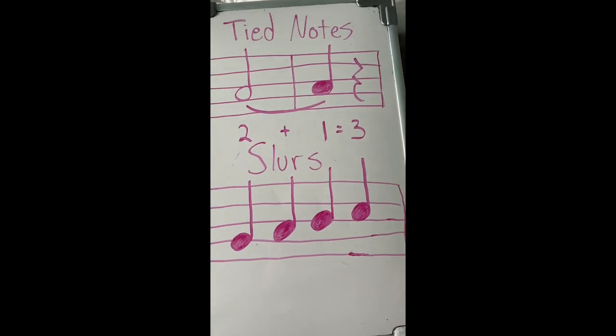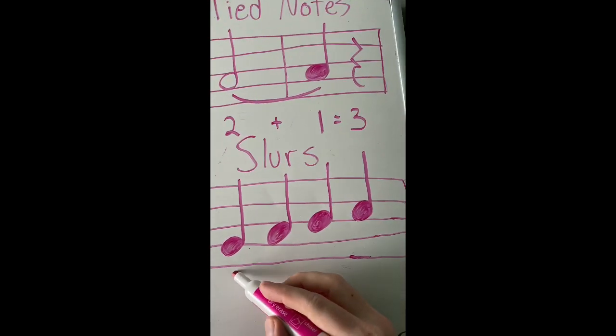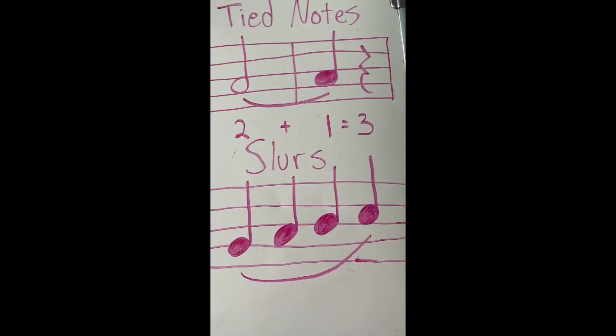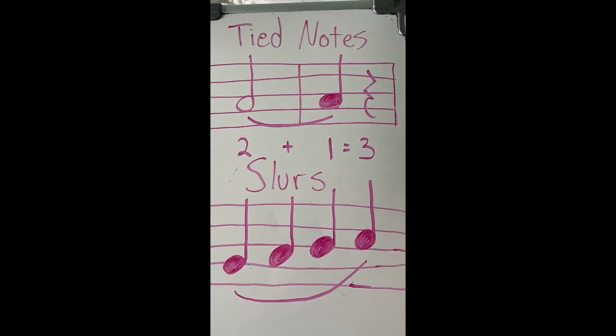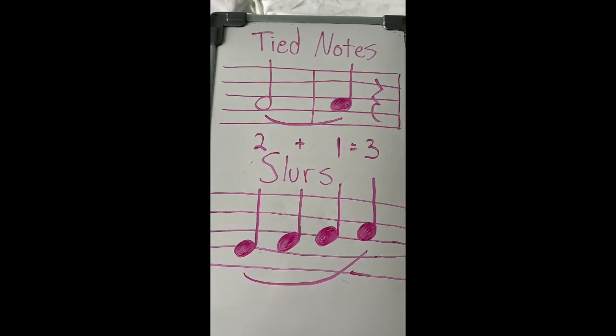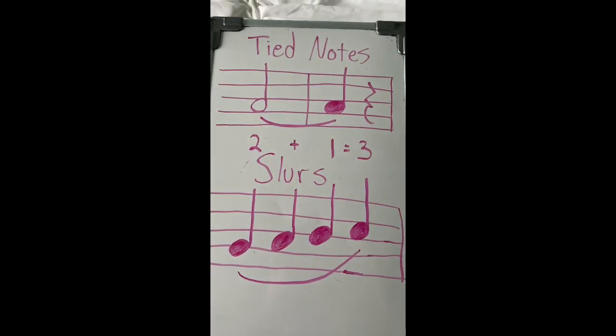But if I wanted to play them smoothly, I would draw my slur and connect all of those notes again. Now, instead of playing ta, ta, ta, ta, grab your recorders, repeat after me.